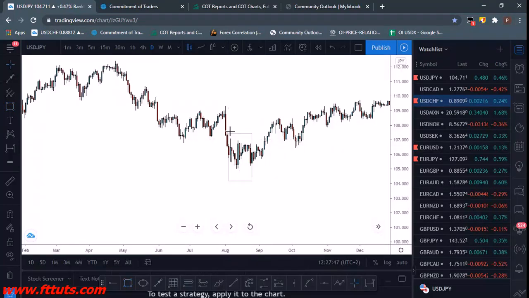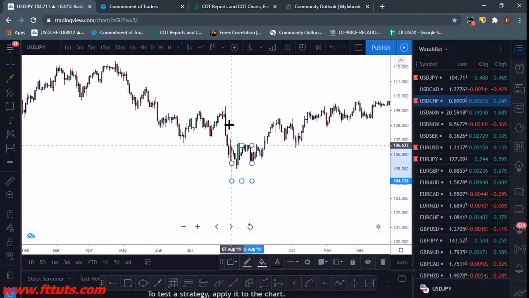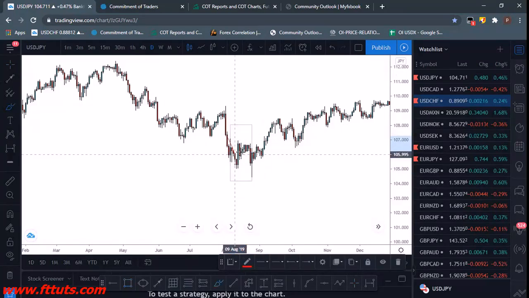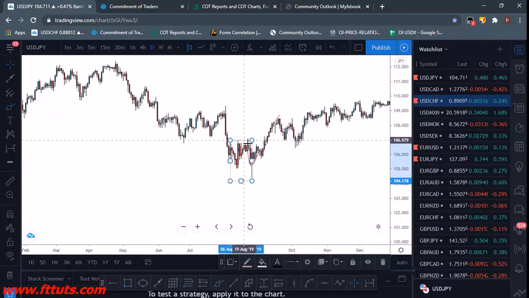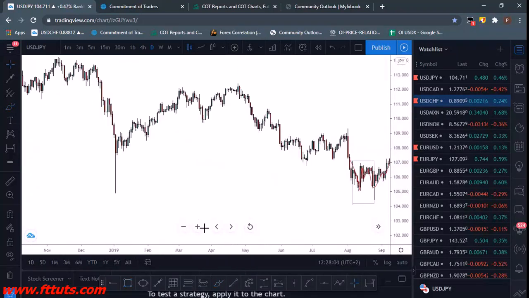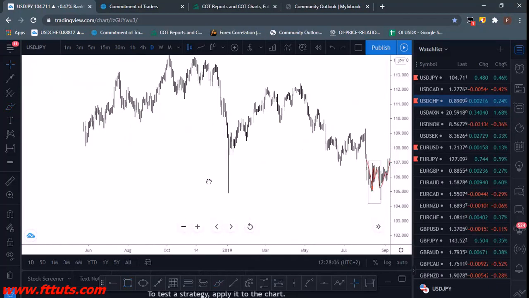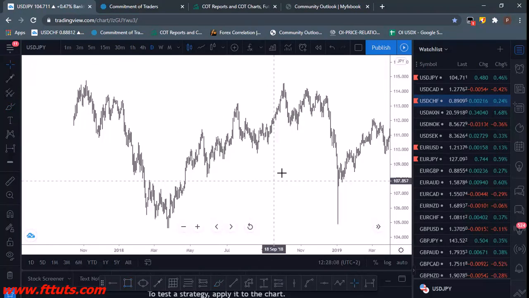That's a sign of accumulation. And after that, the market does what? It goes up. The markets will go up after accumulation.